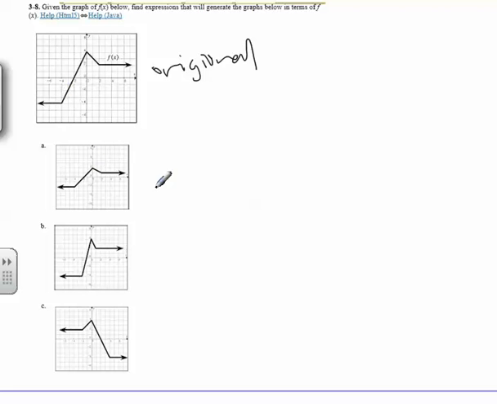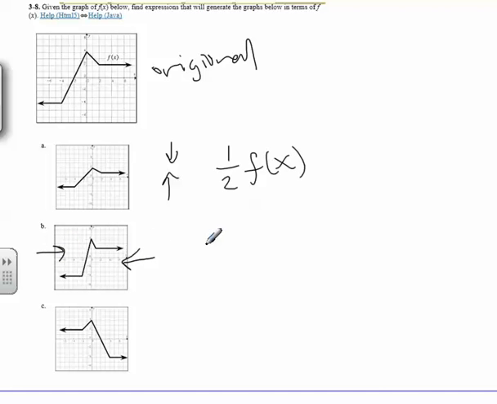So I think that this is a vertical squash. So perhaps it would be something like 1/2 f of x. That's a possibility there. Now this one looks like it's just been made more narrow going this way.